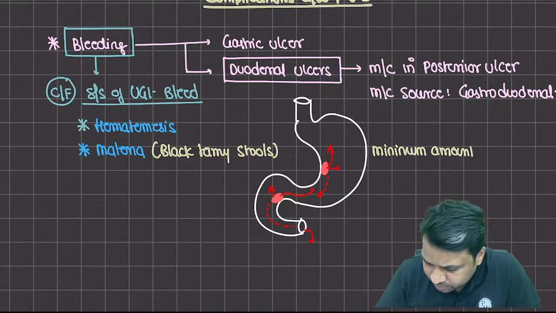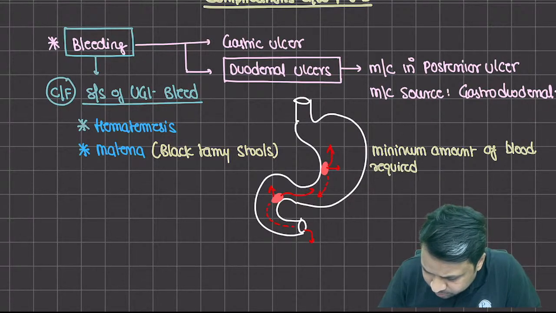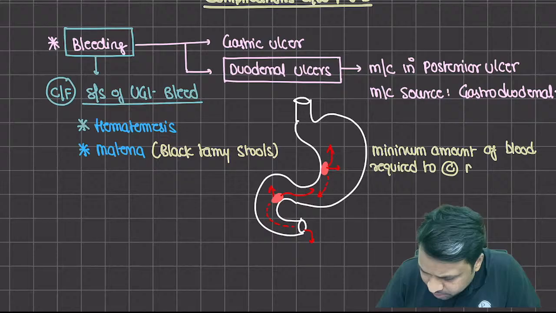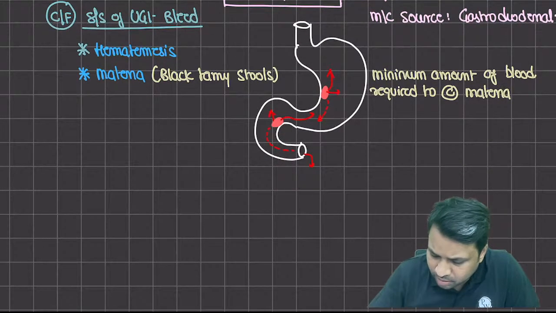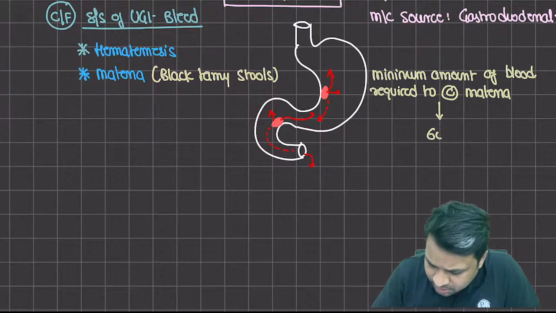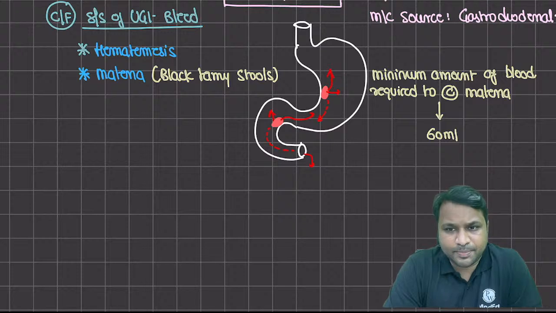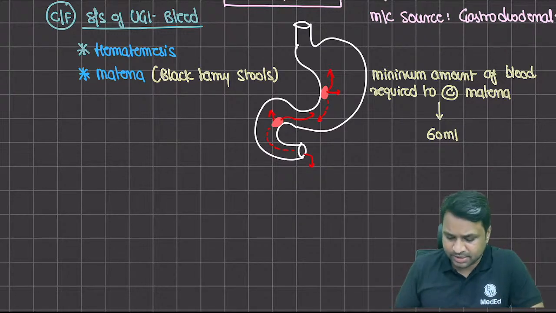The minimum amount of blood required to cause melena is 60 ml, absolutely correct, Raj.